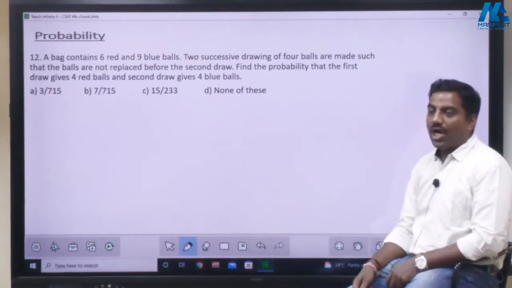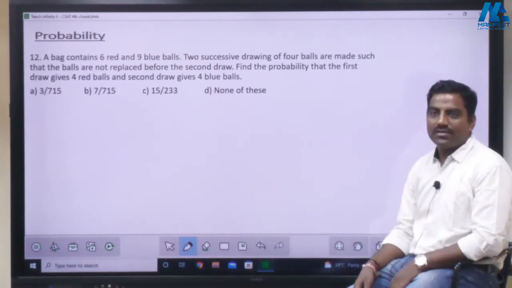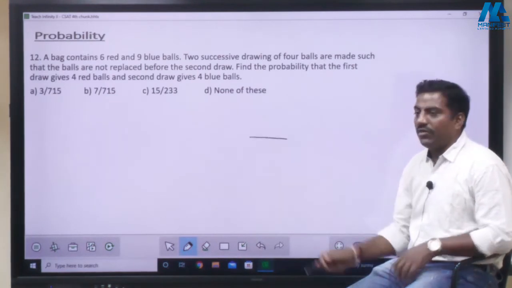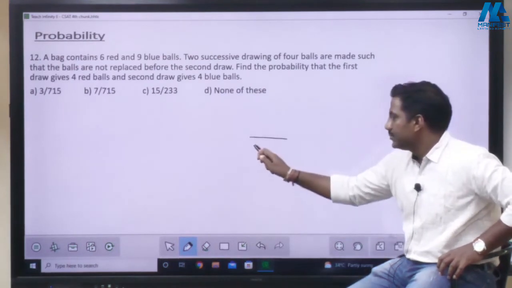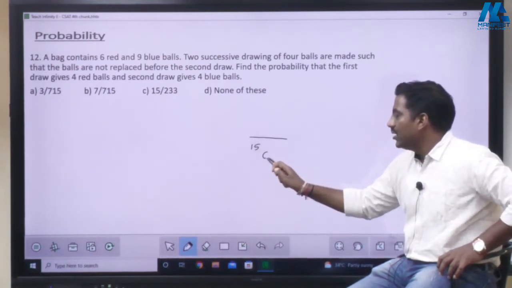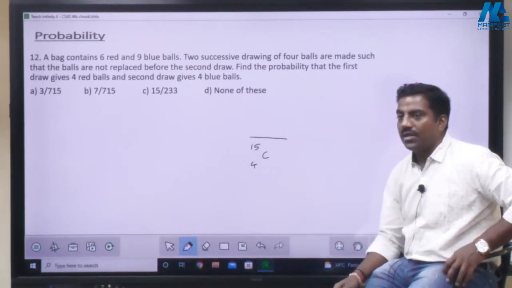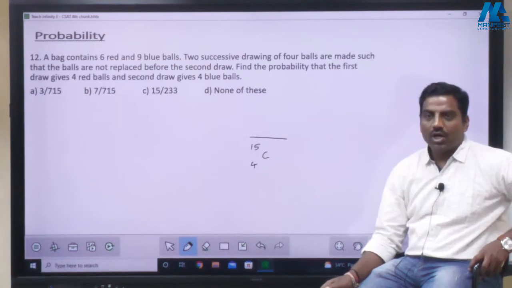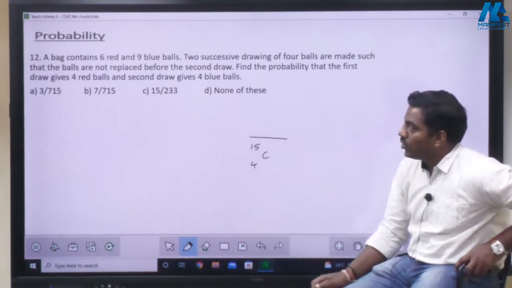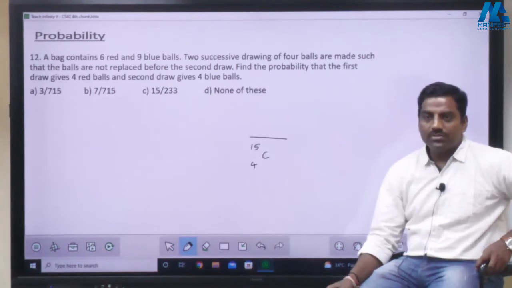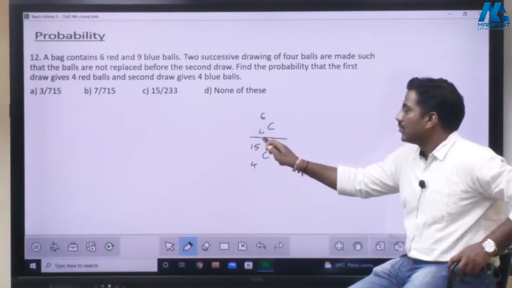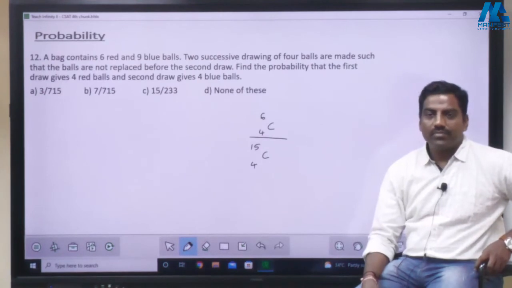First of all, how many balls are there? How many balls? Out of those 15 balls, how many are you drawing at a time? 15. In the first draw of 4 balls, which balls do you have to draw? Red balls, no? How many red balls are there? Correct?